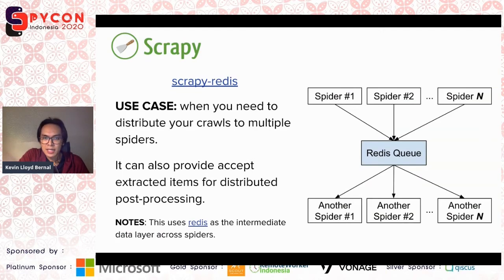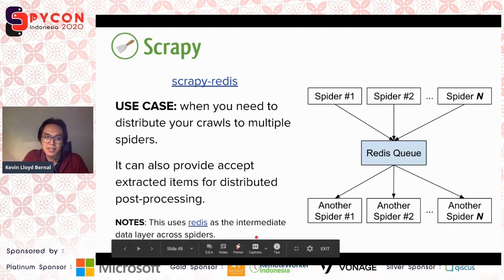Okay, right. This package named Scrapy Redis tackles use cases wherein we need to achieve scale. The specific use case here is, suppose you need to distribute your crawls. Maybe you're crawling millions or even billions of web pages each month or each year, and in order to make your crawls more efficient, you would need some type of intermediate data layer that is shared across spiders.